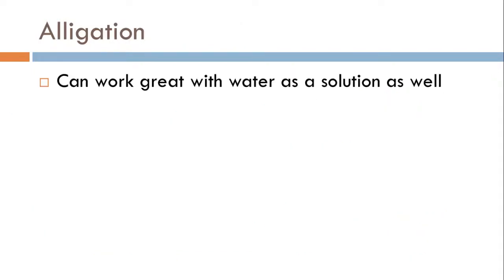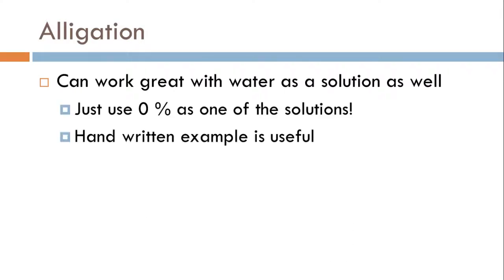Now this alligation works great with a water solution as well. What would you do when you have water? Let's say you needed a 7% solution and all you had available was a 10% solution. Well, you could mix 10 and 0%, water being 0%, and you'd mix it together to get that 7%. Let's look together at a handwritten example to just further beat this into your brain a little bit to understand how alligation works.